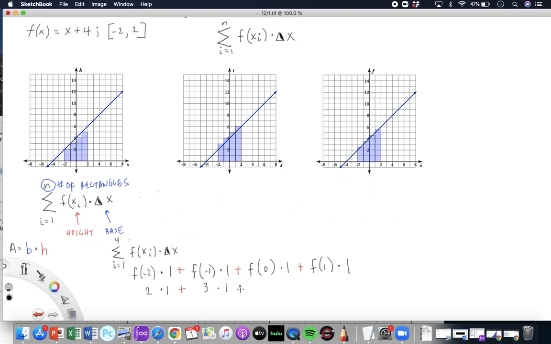And then I'm just going to put a plus to save a little bit of time. f of 0 would be 4, 4 times 1, which would be 4. And then plus f of 1, which would be 5 times 1. So if I add all those up, again, we're just using summation notation here to shorthand this idea of adding up all these rectangles. We would get 2 plus 3 plus 4 plus 5, or equal to 5, 9, 14.